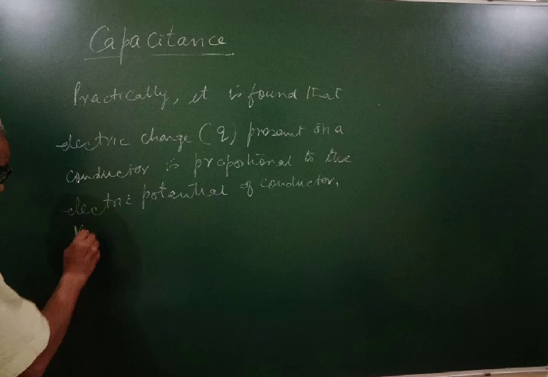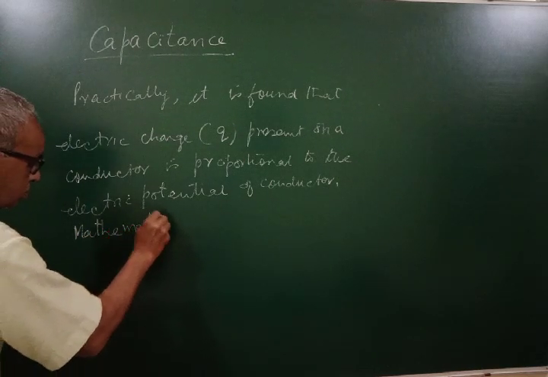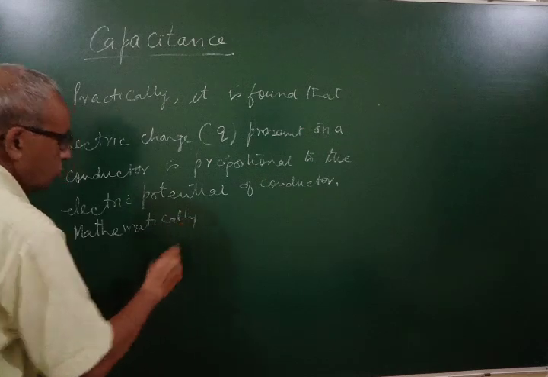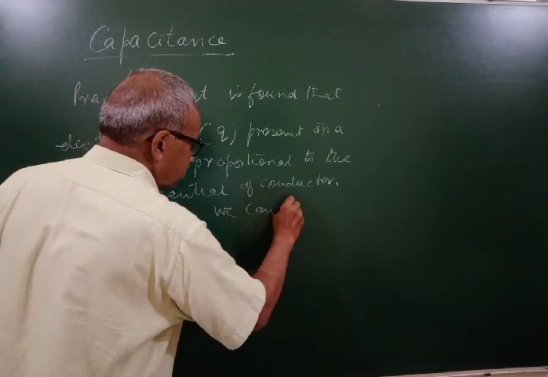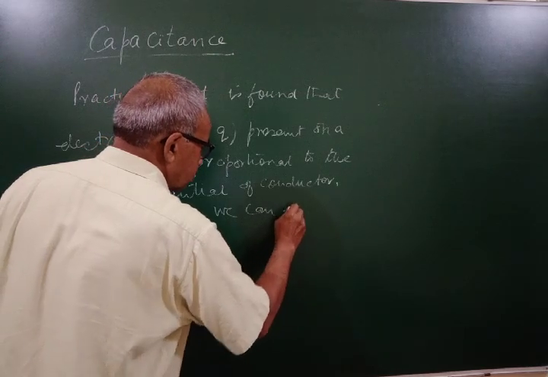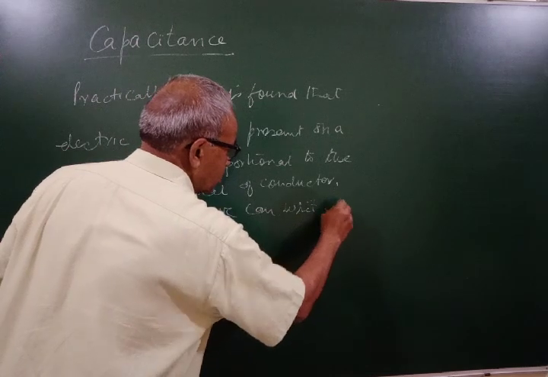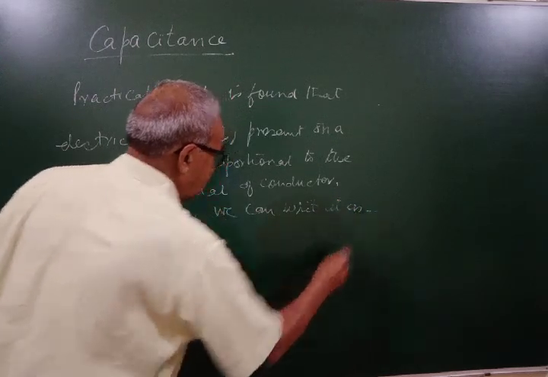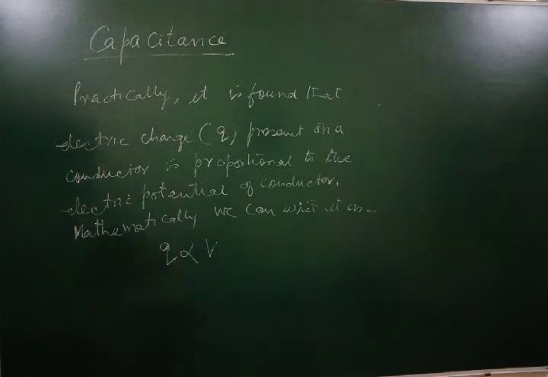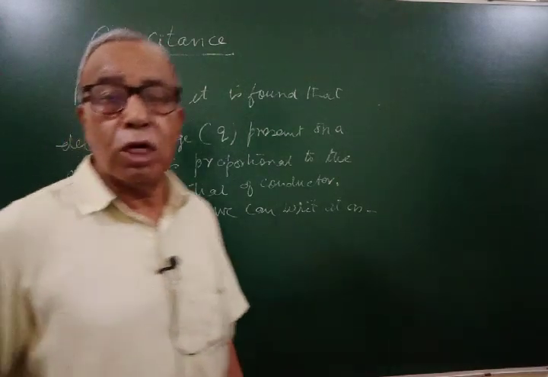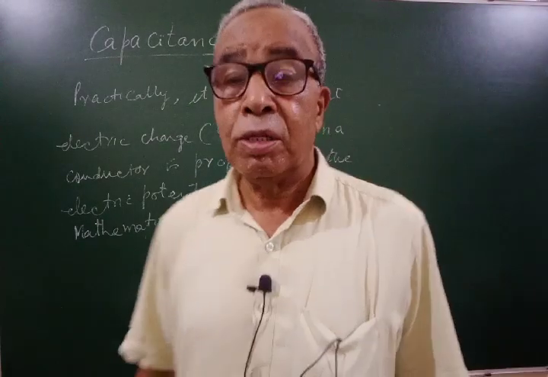Mathematically, we can write it as Q proportional to V. What is Q? Charge present on the conductor. V, electric potential.